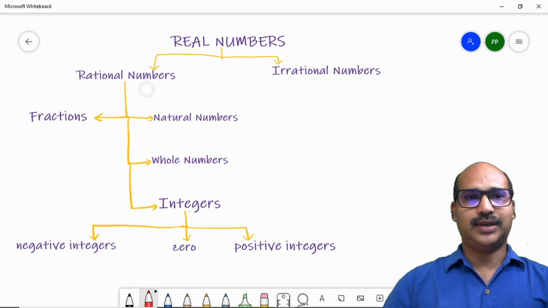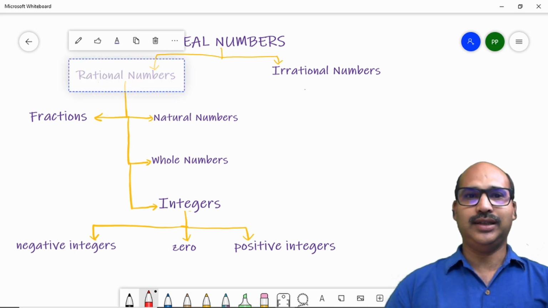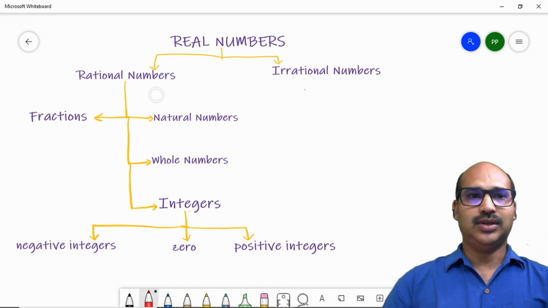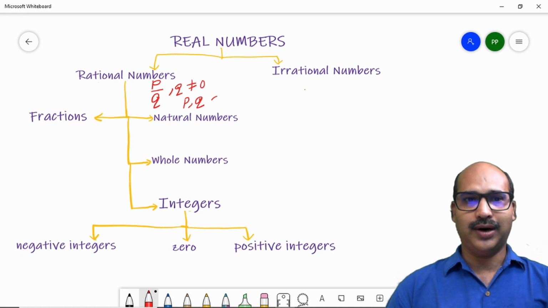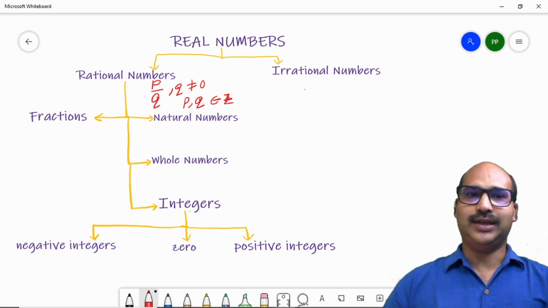Let us understand about this. So here, rational numbers and irrational numbers. These rational numbers are in the form of P by Q, where Q is not equal to 0, and P and Q belong to Z. What is this Z? Z is nothing but integers.